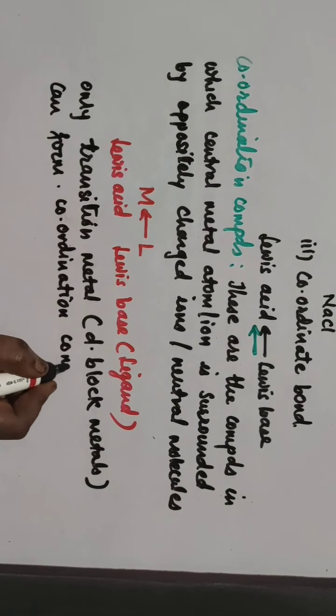What is the reason for that? The reason is that they can accommodate the incoming electron in their empty d orbitals. So they are the electron acceptors, they act as Lewis acids.